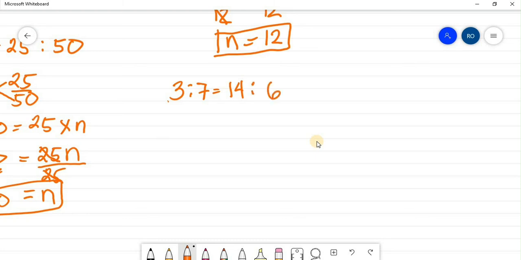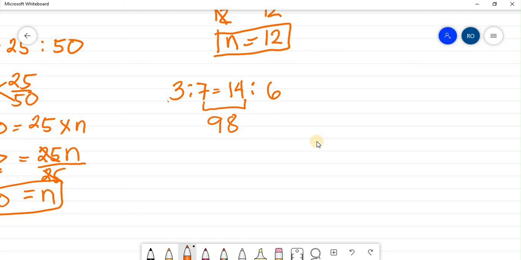How will we know if these two ratios are proportion? Let's multiply the extremes, or we can multiply first the means. Let's multiply the means. 7 times 14 is 98.